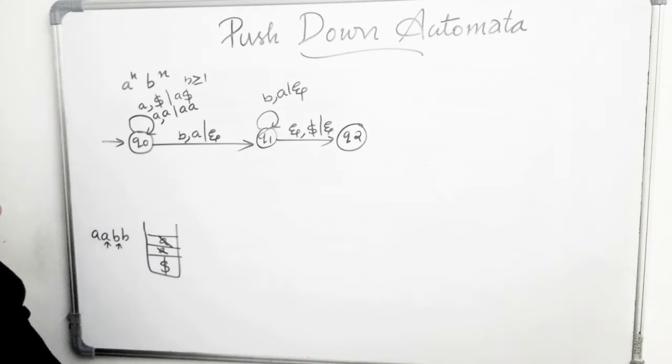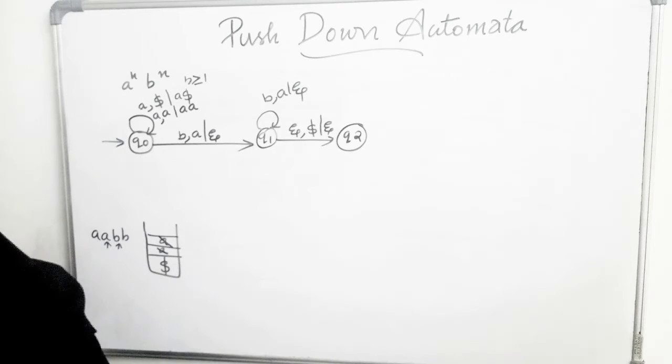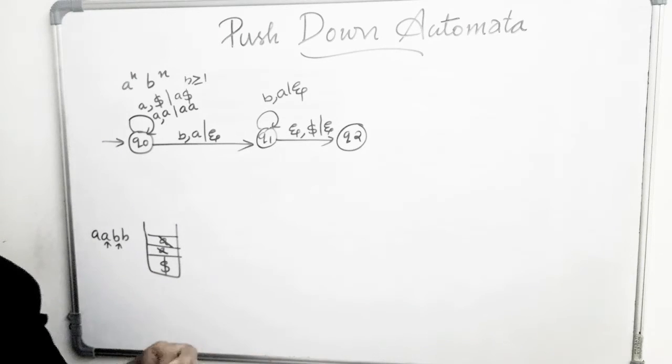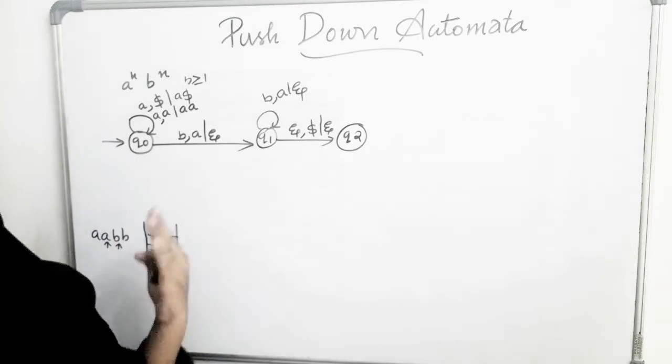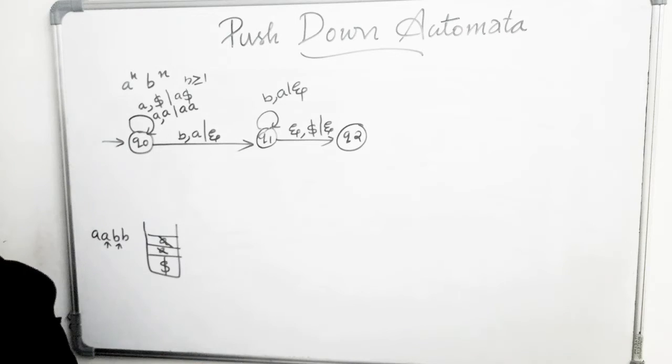So you can say that this is empty stack acceptance. Empty stack acceptance means at the end of processing the string, the stack should be empty. So here the stack is also empty. So just by making slight changes to the diagram, you can make it either final state acceptance or empty stack acceptance. Both of them are equivalent also.